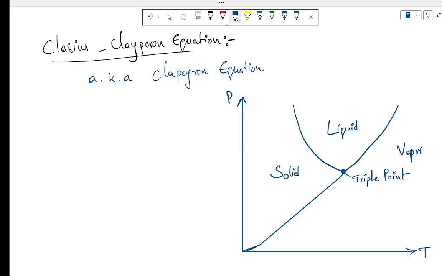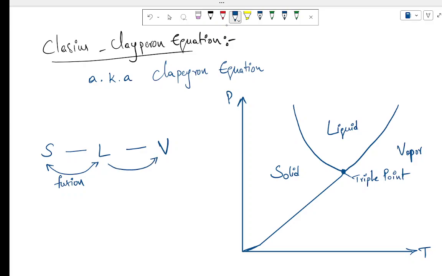Okay, and in this we should also understand that you will have solid to liquid and liquid to vapor transformation. If it is a solid to liquid transformation, then you should call it fusion. Generally it is called fusion.